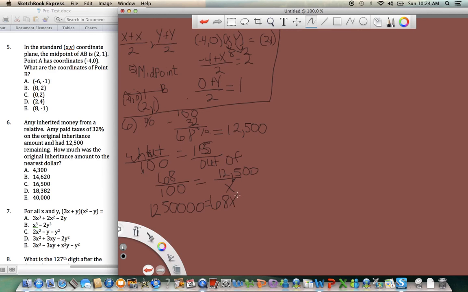And then to solve for x, just simply divide by 68. And that's going to give you your answer. It's going to give you the full amount, and I know that should be 68. Yes. Okay. And then looking at your multiple choice answers, that comes to 18,382.